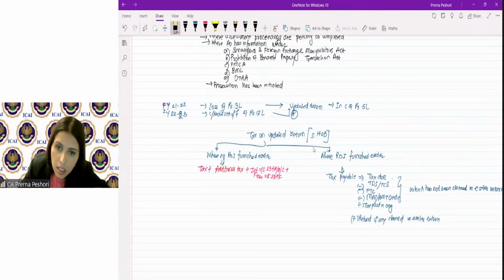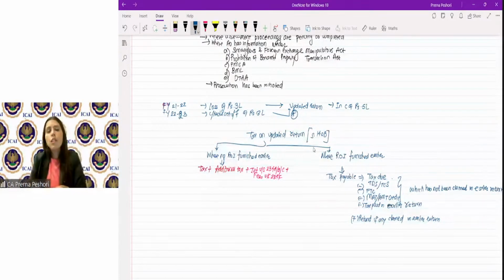Tax paid in earlier return. Because in the earlier return, you would have already paid the TDS, TCS, you would have already claimed the TDS, TCS credit. Now, whatever you would have not claimed at that point of time, you can claim it now.